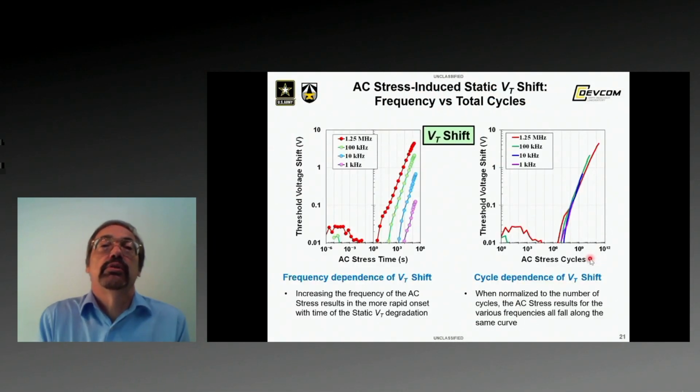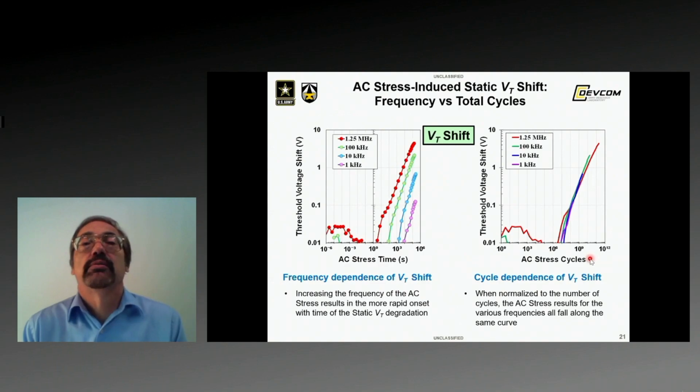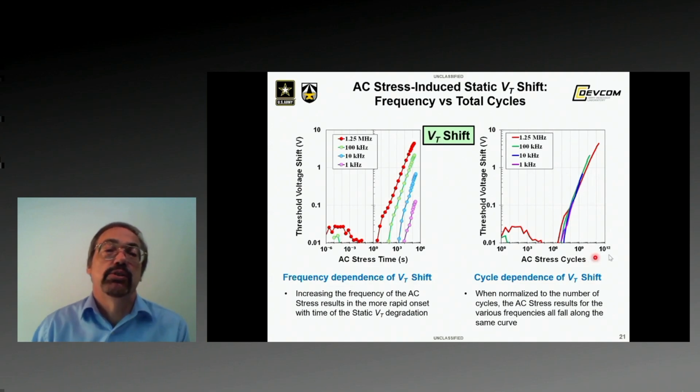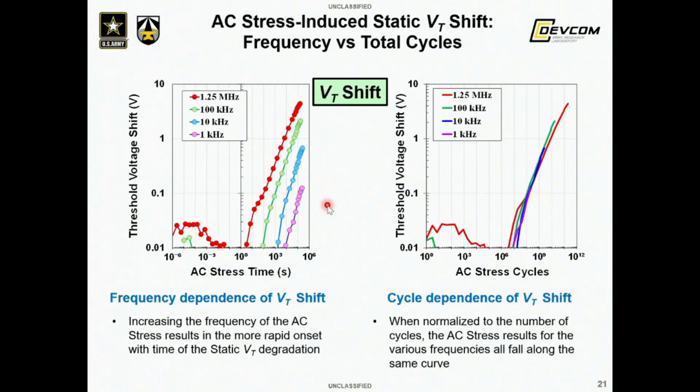So next we're looking at the AC stress-induced static VT shift as a function of frequency. Now these are not focused completely on the vendor T trench devices, because those are the ones that showed the large effect. And this stressing was -10 on the low side and +22 on the high side.